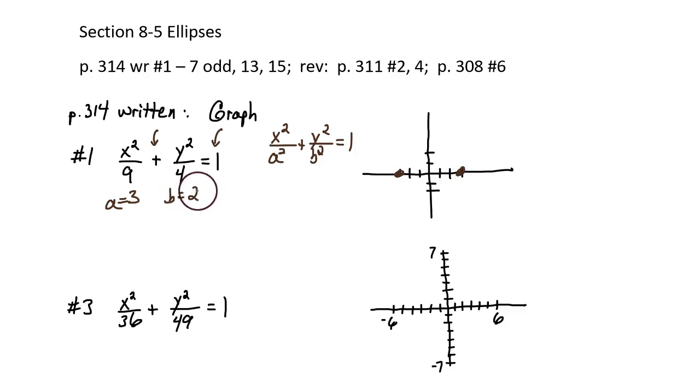The b equals 2 is associated with the y, so on the y-axis go up 2 and down 2. Then freehand draw in an ellipse, which is an oval shape. If it gets too pointed on the ends and looks more like a football, just erase it and try to round those ends a little bit better.